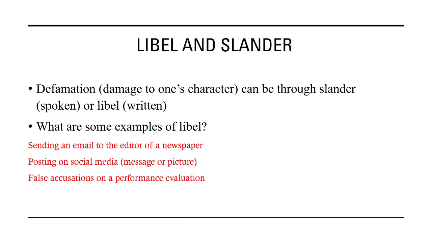If you're sharing messages, make sure the information that you're sharing is not damaging to one's character. Posting on social media, false accusations. All right. So defamation, damage to one's character, can be through slander, which is spoken, or libel, which is written.